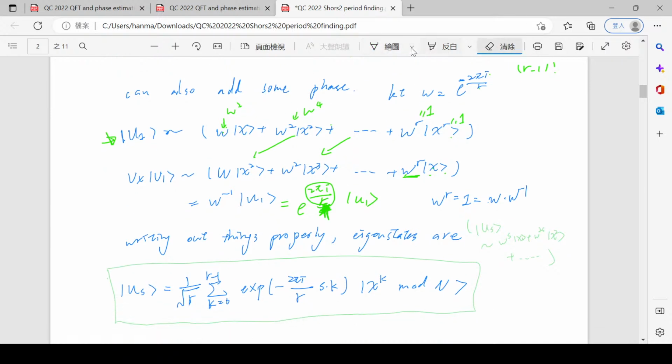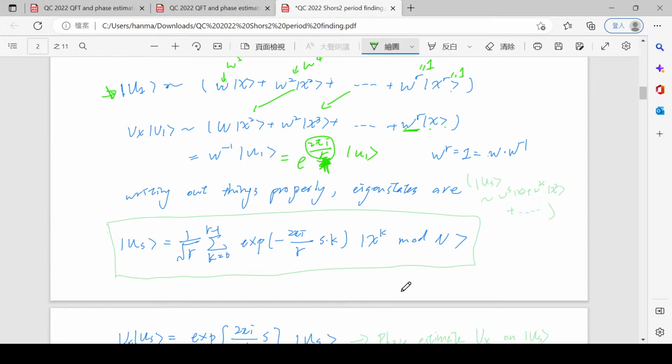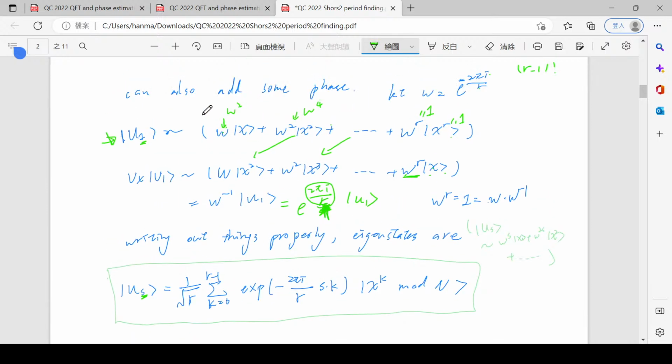But if you write those algebraically, then you can define this U sub s, where s equal to 1 here, and this s is just the power of omega you put here.